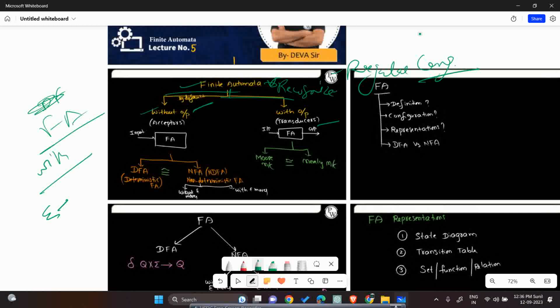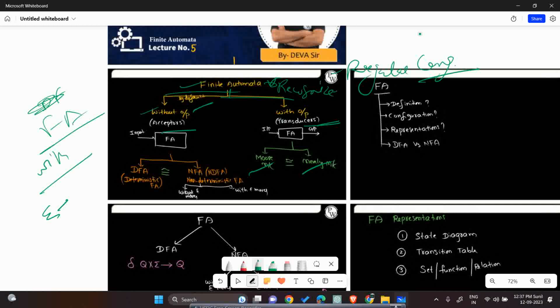With output is of two types, Mealy machine and Moore machine, right? Without output are acceptors, and with output are called transducers.